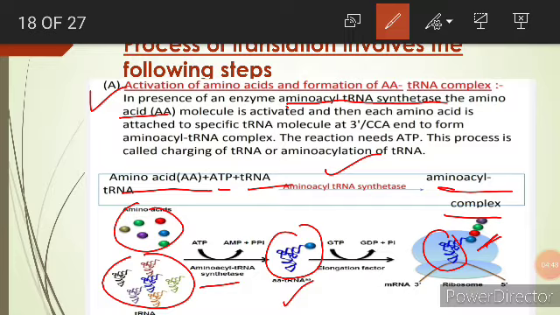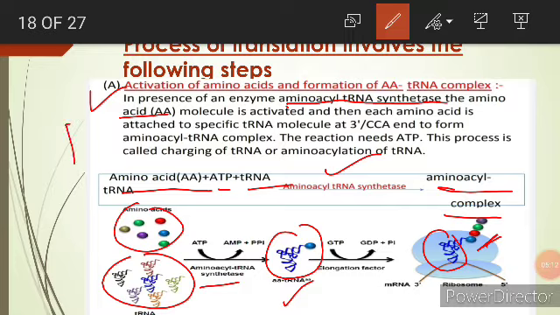Now in the amino acid tRNA complex, there are two arms, the 5' arm and the 3' arm. At the 3' arm there is a site for loading of amino acid.